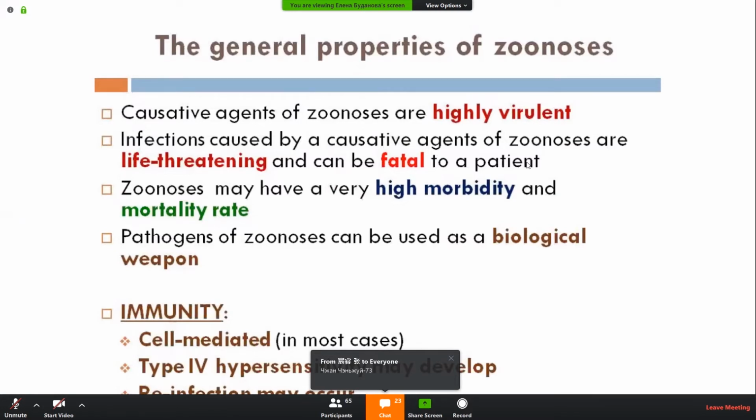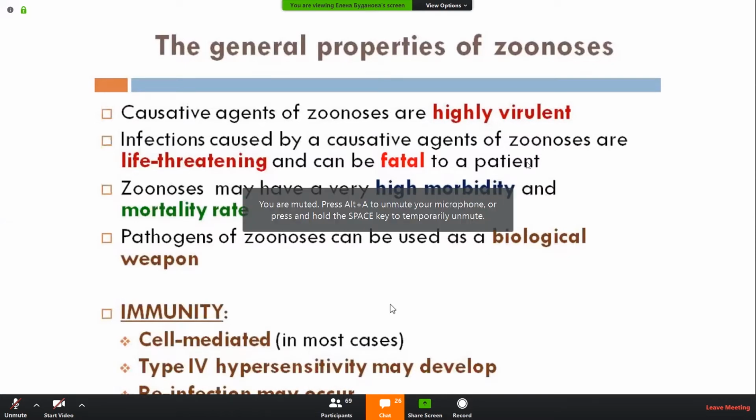It may even cause death of a victim within a few hours after getting the bacterium inside, before symptoms develop, like we can see in severe cases of plague and anthrax. And as they are so highly virulent and can spread very quickly in a human population, these bacteria can be used as a biological weapon.